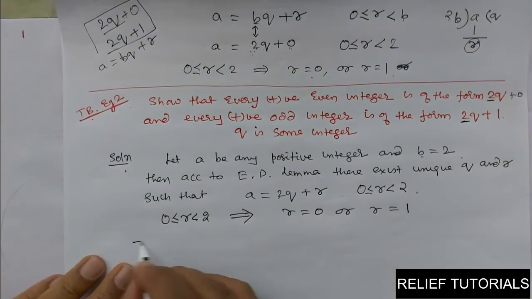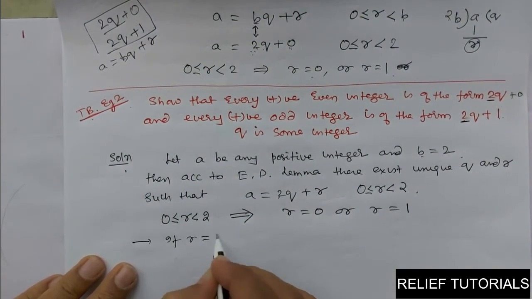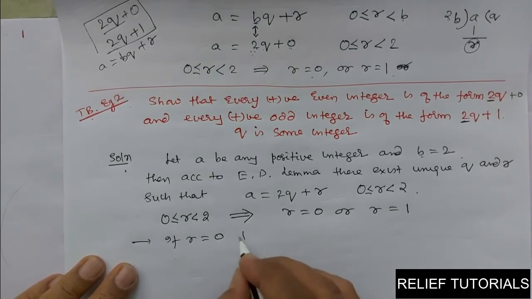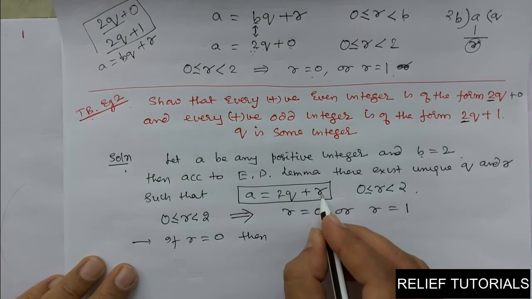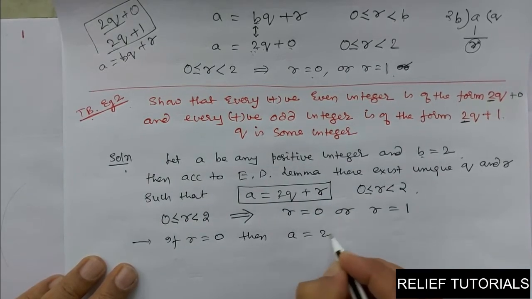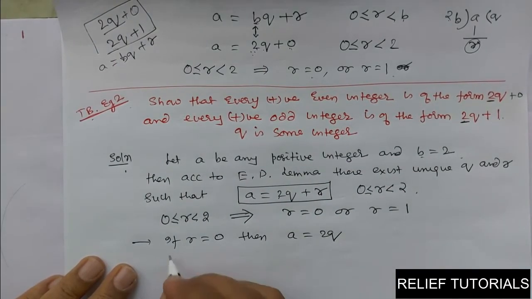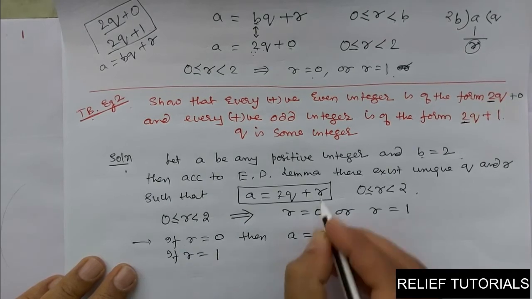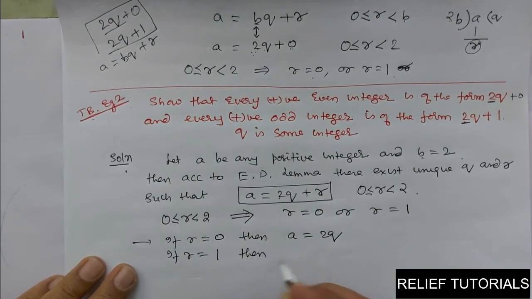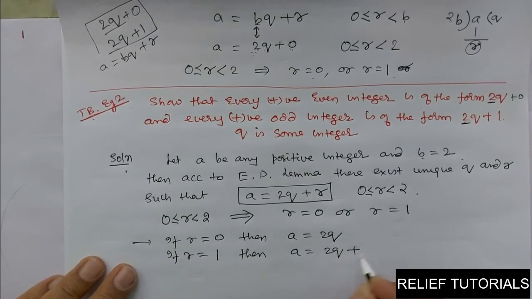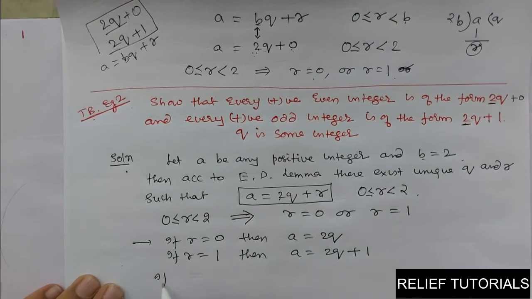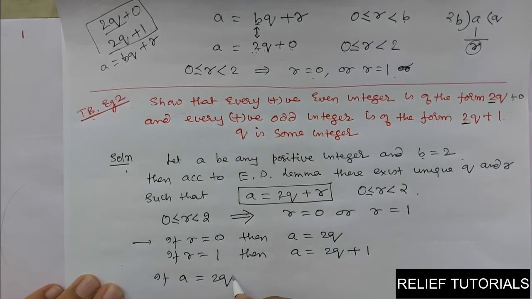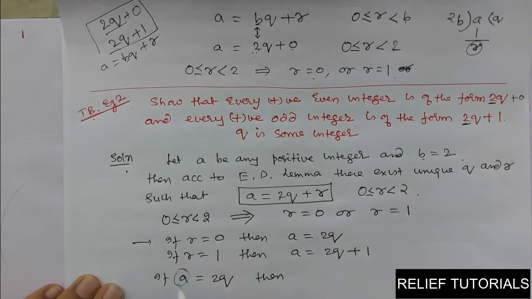If r equals 0, then a equals 2q. And if r equals 1, then a equals 2q plus 1. Clear?